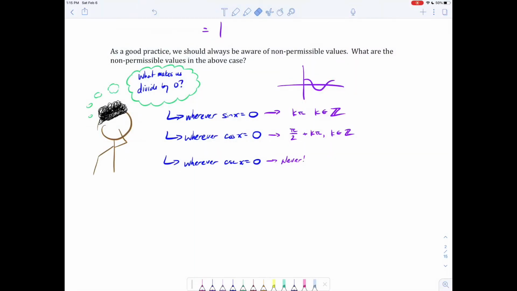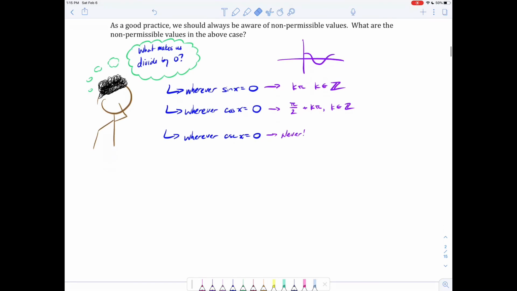Anyway, we're going to try a few more. Well, actually, no, we should finish this one off. So what are the non-permissible values here? These ones right here. We could say that's the set of all k pi from here, and all the pi over 2 plus k pi from here, such that k is an integer.